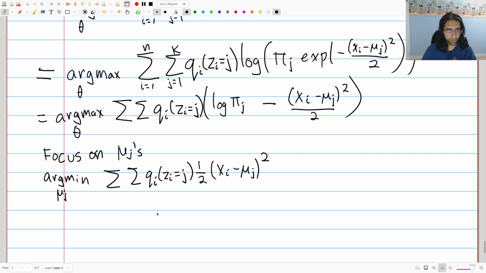And then what are we going to do? We do the same thing whenever we want to optimize, and this is a simple convex optimization problem. What we just do is take the derivative. So if we take the derivative with respect to mu j and set it equal to 0, we will get the following.